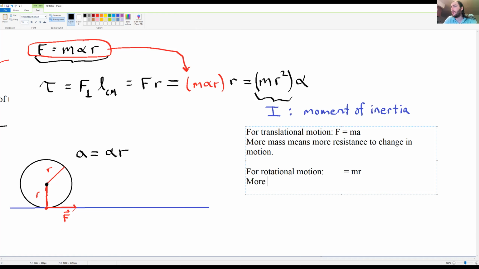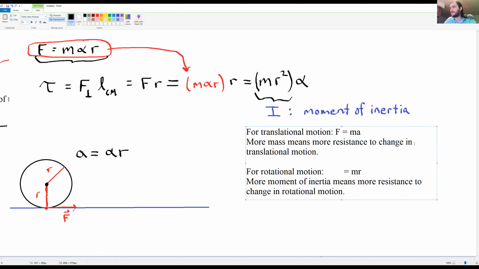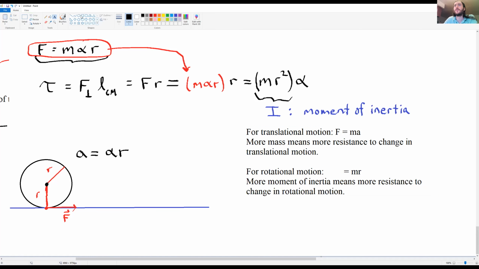For rotation, more moment of inertia means more resistance to change in rotational motion. So let me fix that in the top sentence there. And then I'll just use the pen here to write in the symbol tau, the square, and the alpha here.